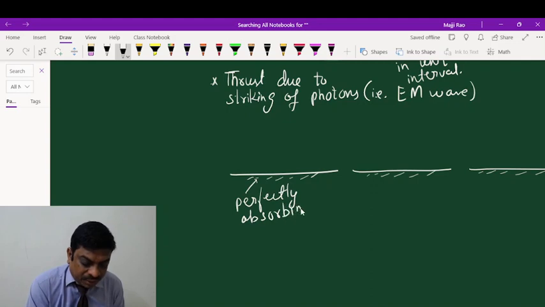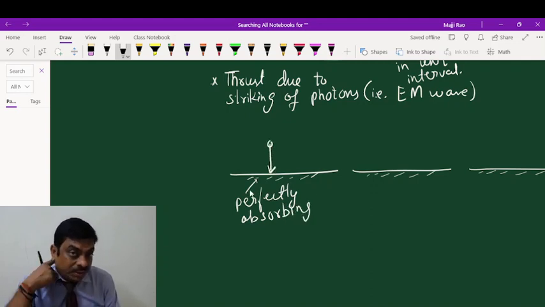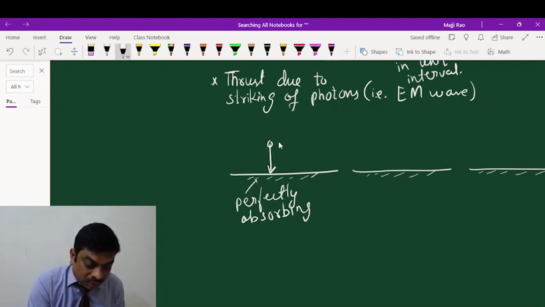Perfectly absorbing means that a photon, as soon as it strikes, gets absorbed. So suppose photons strike here, perpendicular to the surface. I'll take the area as A in each case.